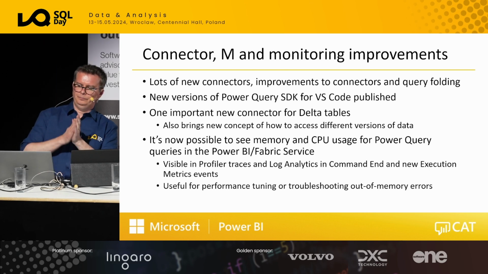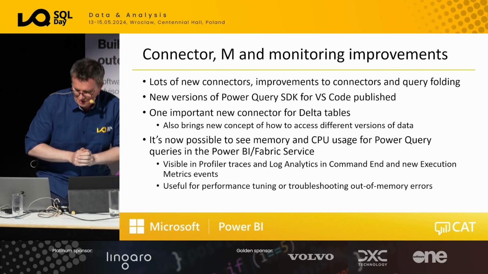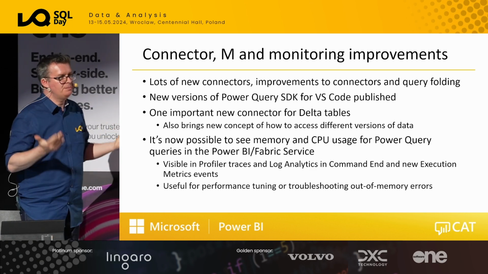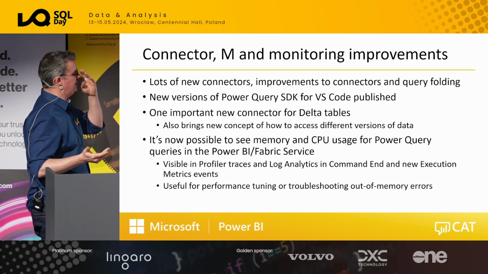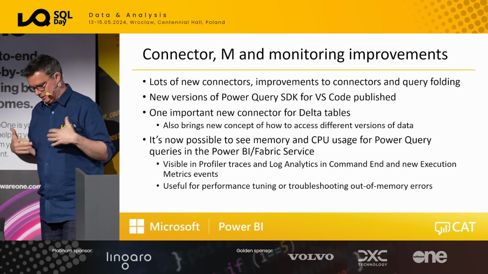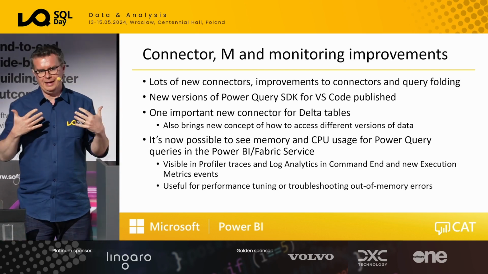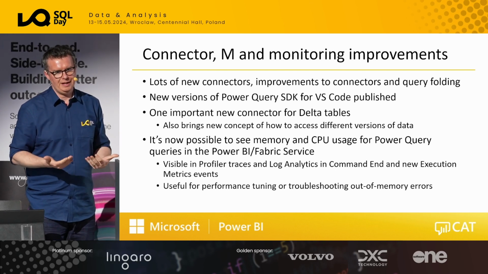Moving on. This is perhaps the geekiest thing. There are some new connectors, some new functions. We're not going to go into any detail. But one thing I do want to highlight, which I think is quite interesting, is that there is now a connector inside Power Query for Delta tables.